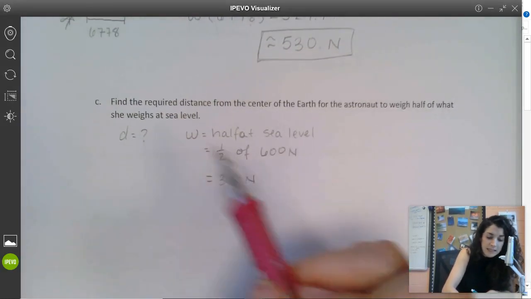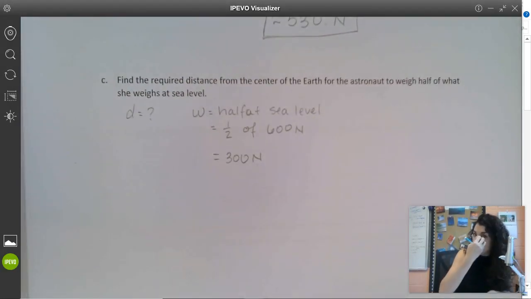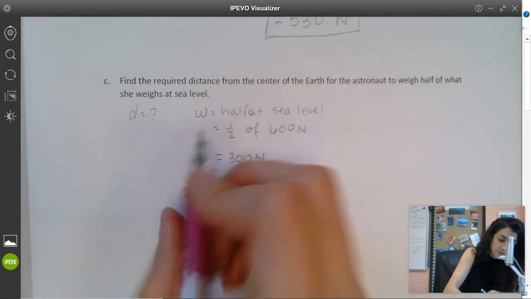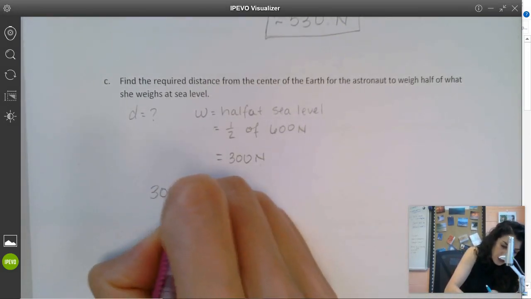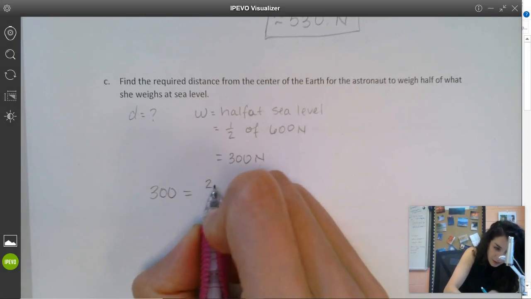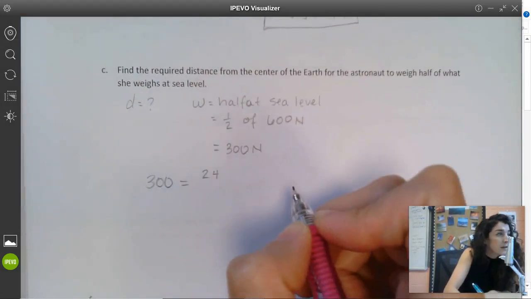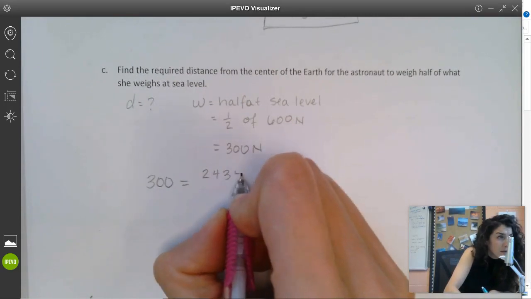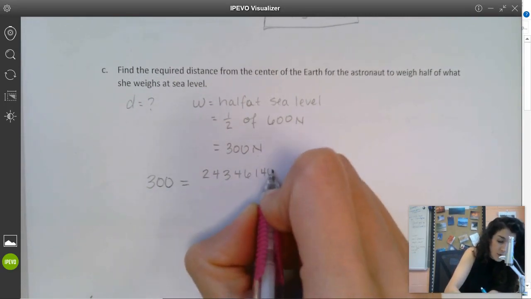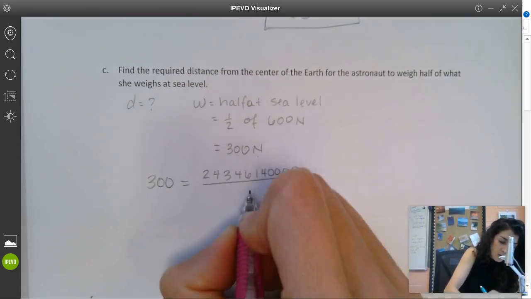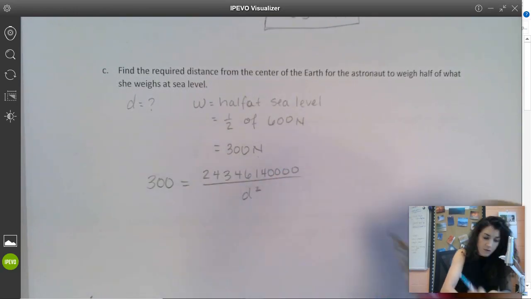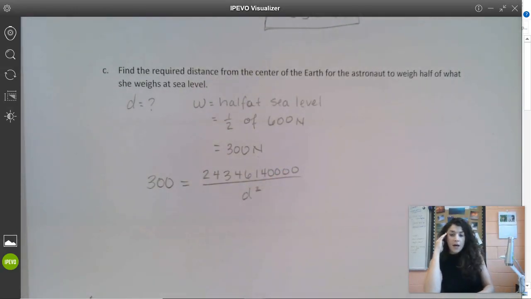Okay, so we want to find the distance when we weigh 300 newtons, which means we're plugging in 300 for W, and solving it for this.